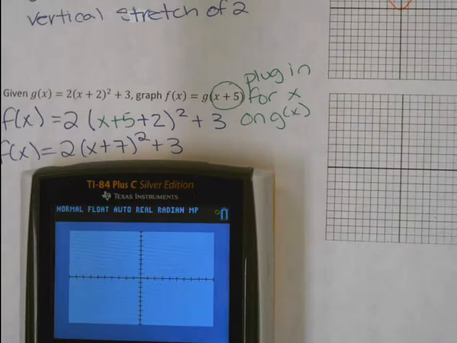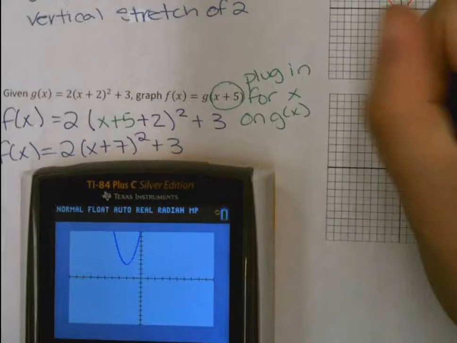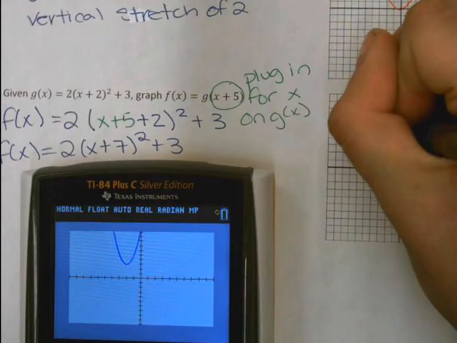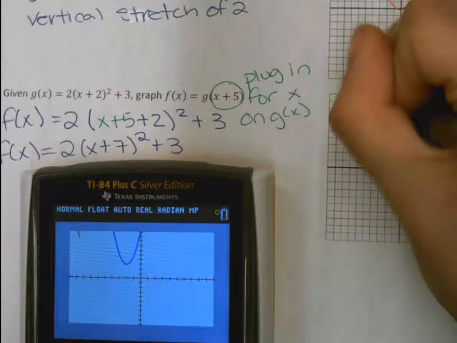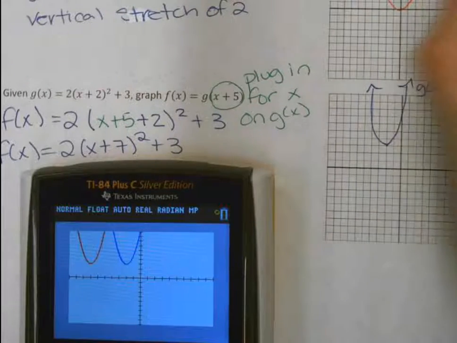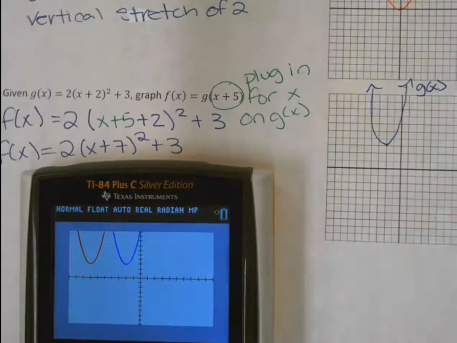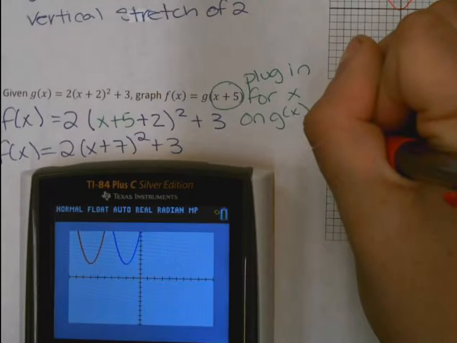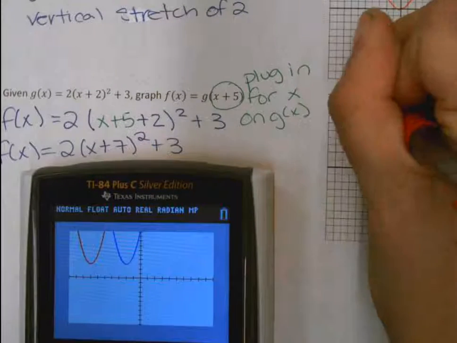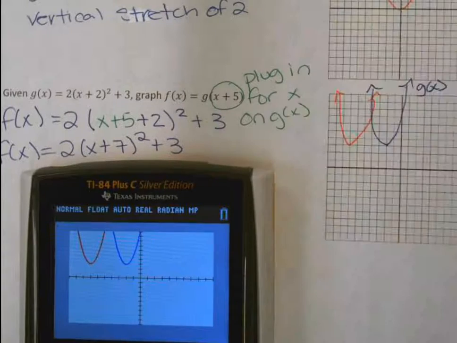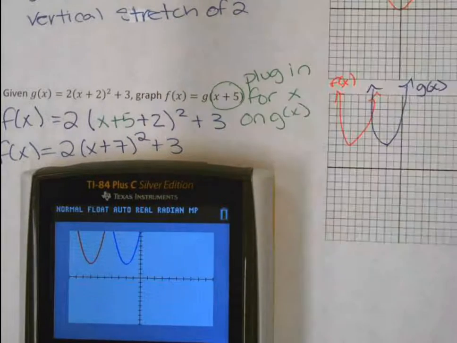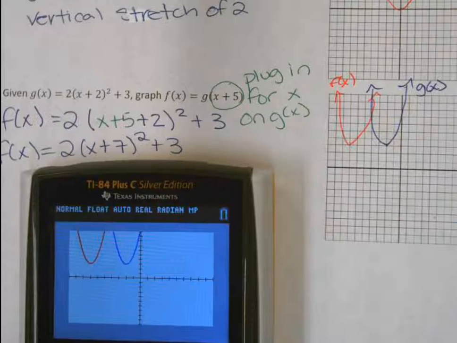Okay, so when I go and graph them, you might notice that the blue graph is the same as the last blue graph we did. So what's different about this red graph from this blue graph?